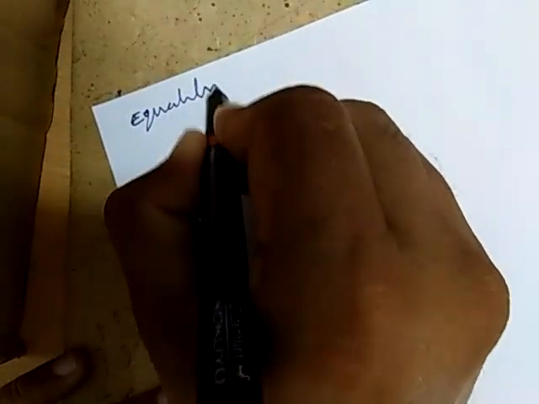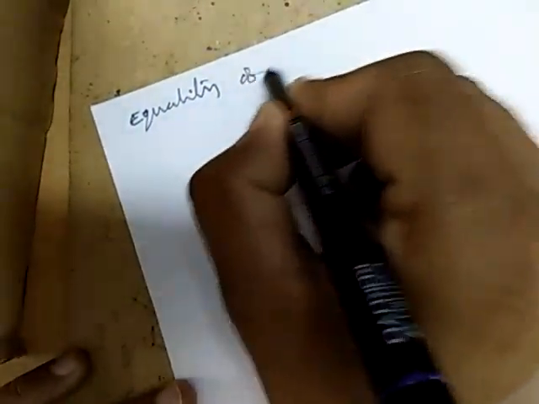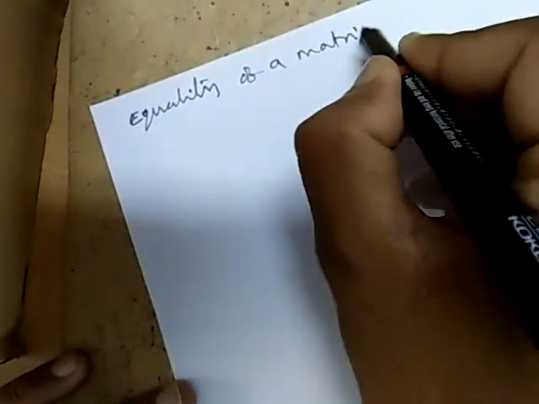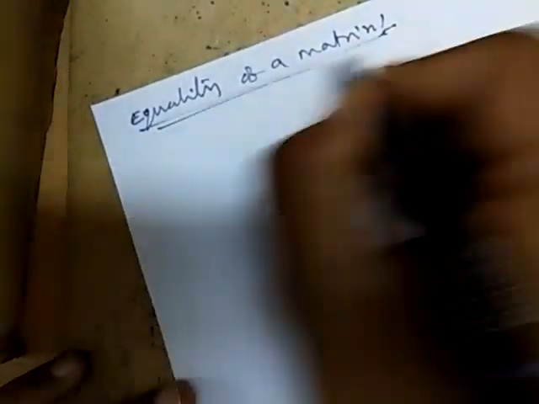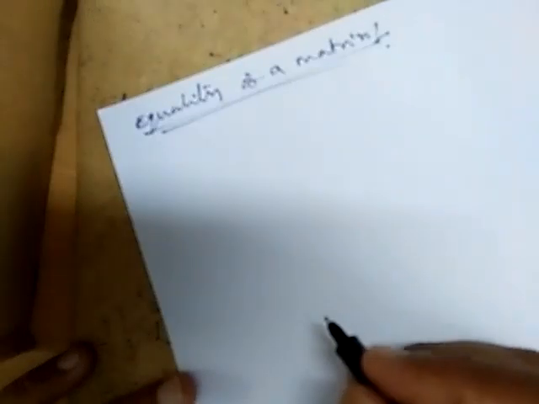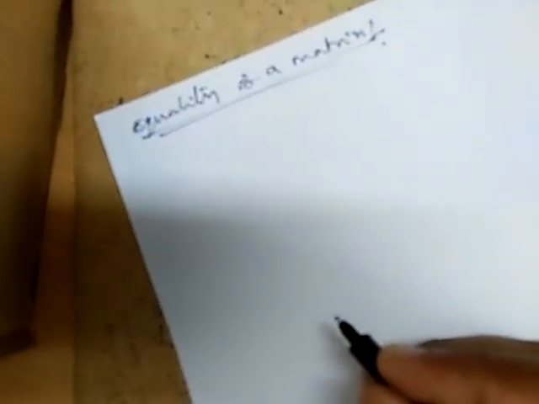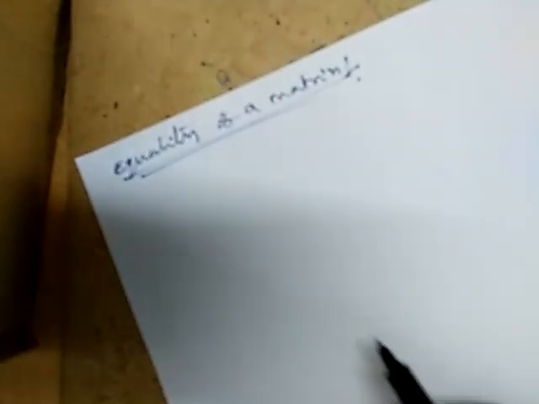Next definition is equality of matrices.